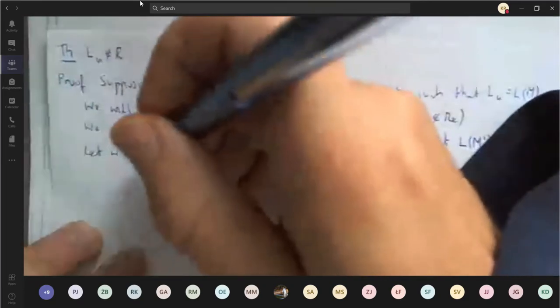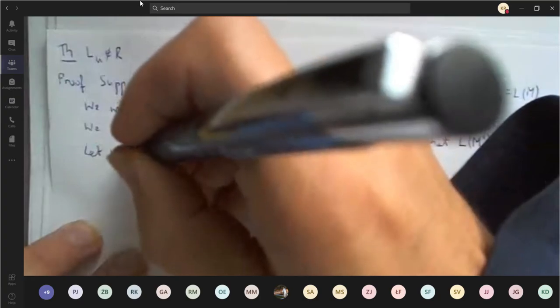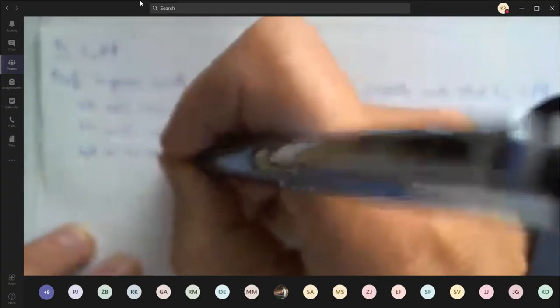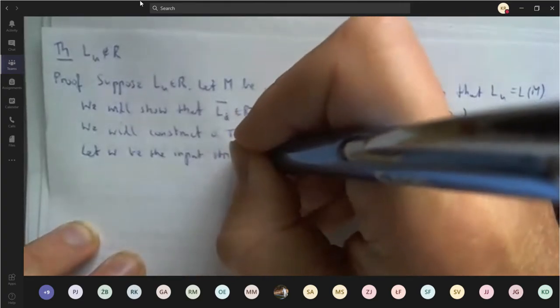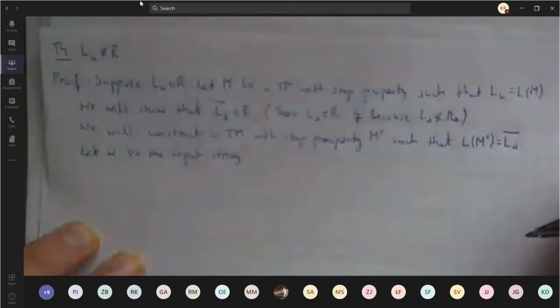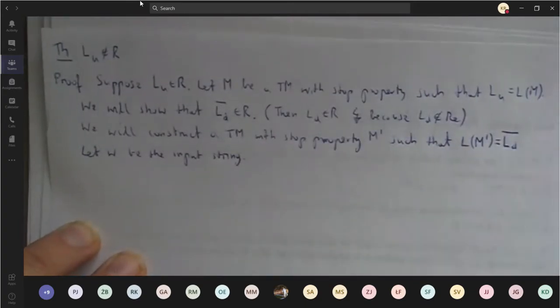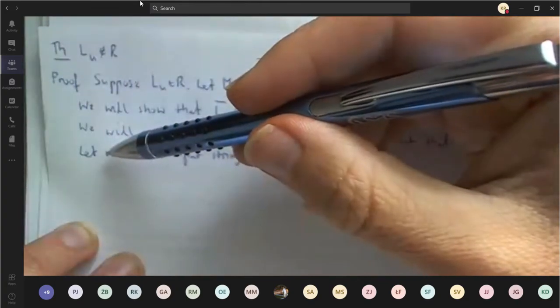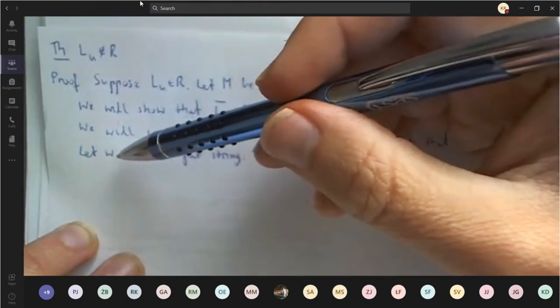Let W be the input string. Since it is a string over 0, 1, that means that it is somewhere in the canonical order.